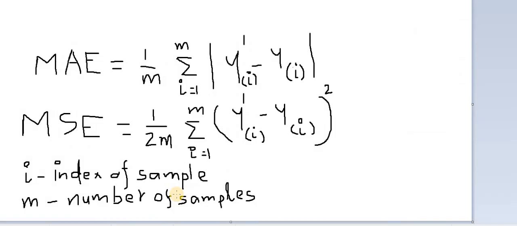So this y dash is known as the predicted value, and y is the expected value.